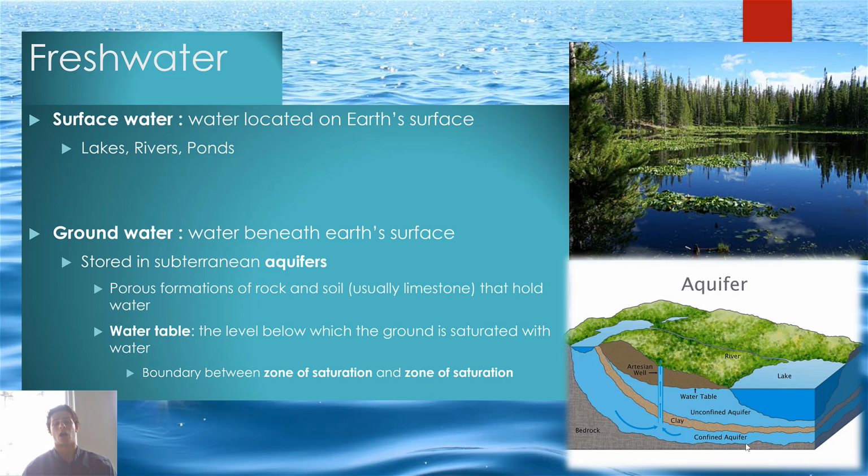Now, typically when we think of an aquifer, we like to think of what is called the unconfined and the confined aquifer. Normally, there is going to be a layer of clay, which is impermeable, that goes about halfway through the aquifer and bisects it into an upper and a lower portion. The unconfined aquifer is readily accessible for surface water.